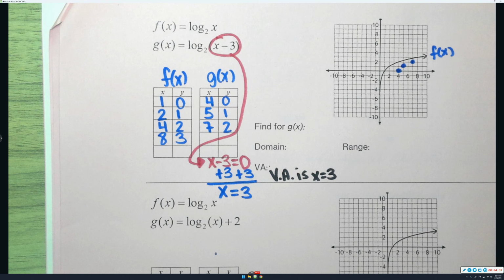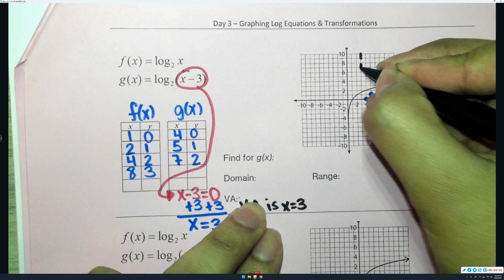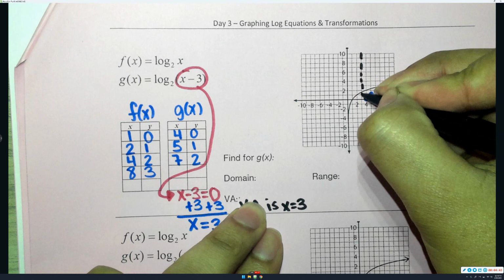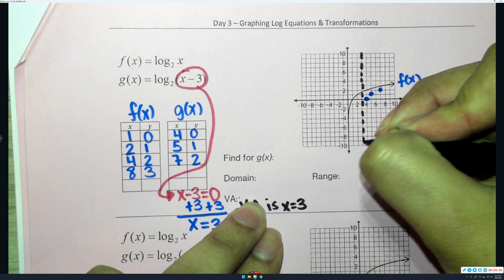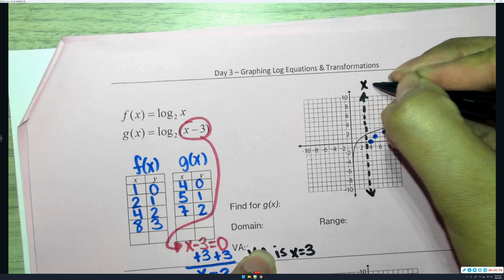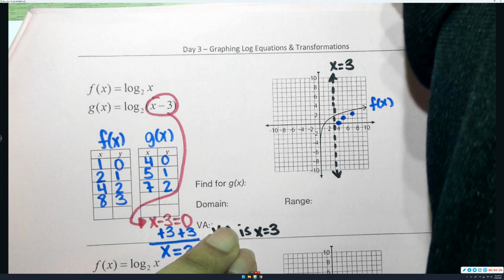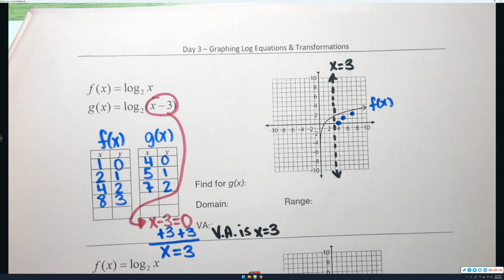Keep in mind that this is going to be a vertical dashed line going up and down at the point x equals 3. Here we go. So we have a vertical dashed line like this. And we're going to label that right there. Okay?